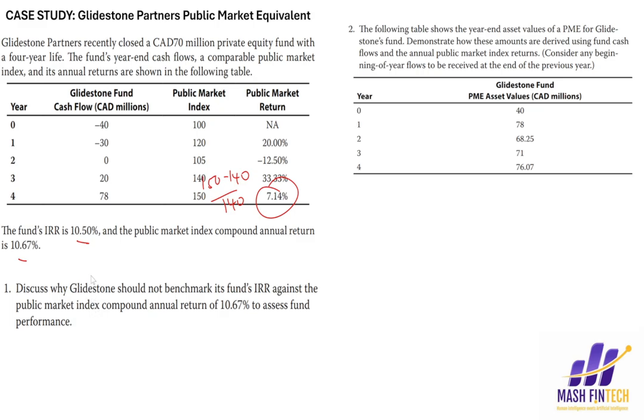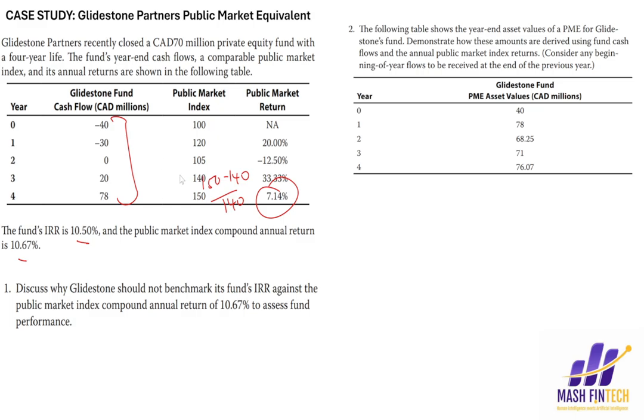So the public market return is computed as an annual return, and it ignores the uneven cash flows that you would find within the private market. So as a result, it becomes a very difficult comparison between the private market and the public market benchmark by simply compounding annual returns. That is not a very good comparison because the returns for private markets are uneven. The public market returns happen quite frequently, and hence they are compounded annually.